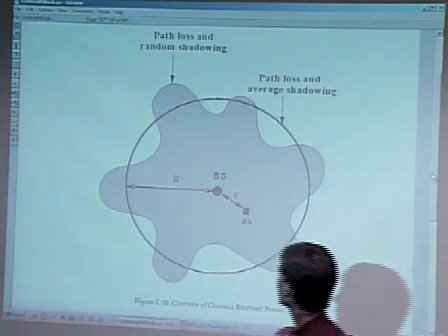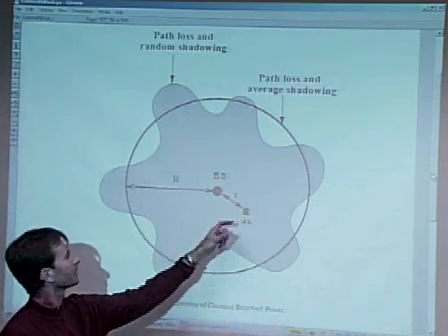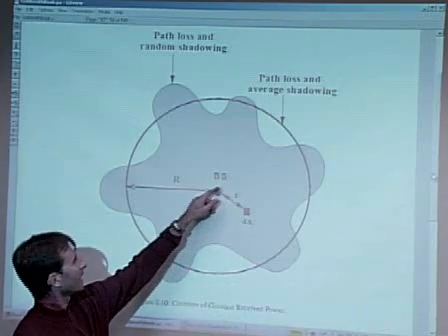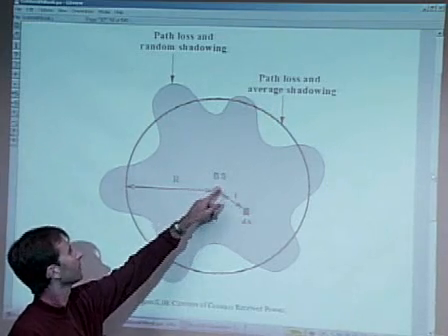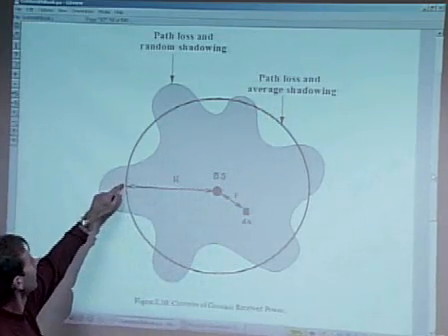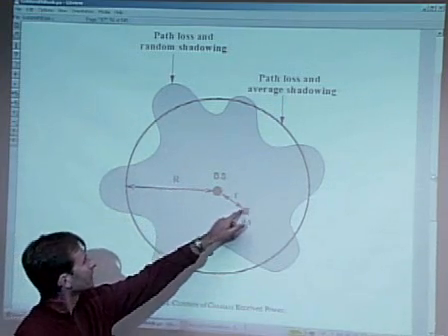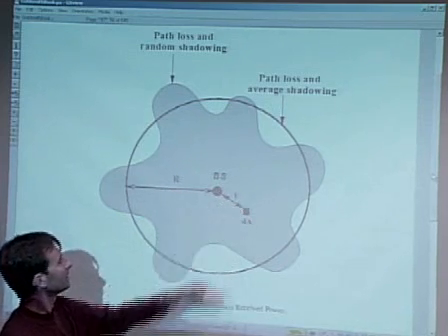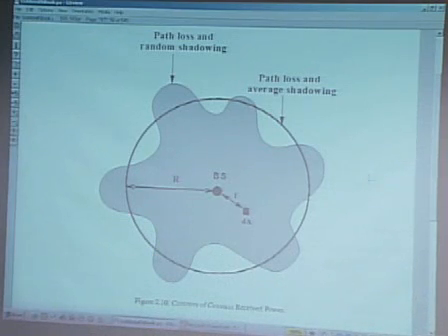So let's break up the circle into little tiny areas, differential areas. Here's one such area, and each is at a distance r from the center. So we have the transmitter in the center, the base station. Okay, we have a circle of radius capital R, and we break it up into tiny little pieces, differential areas dA, at distance r. Okay, so retain this picture.